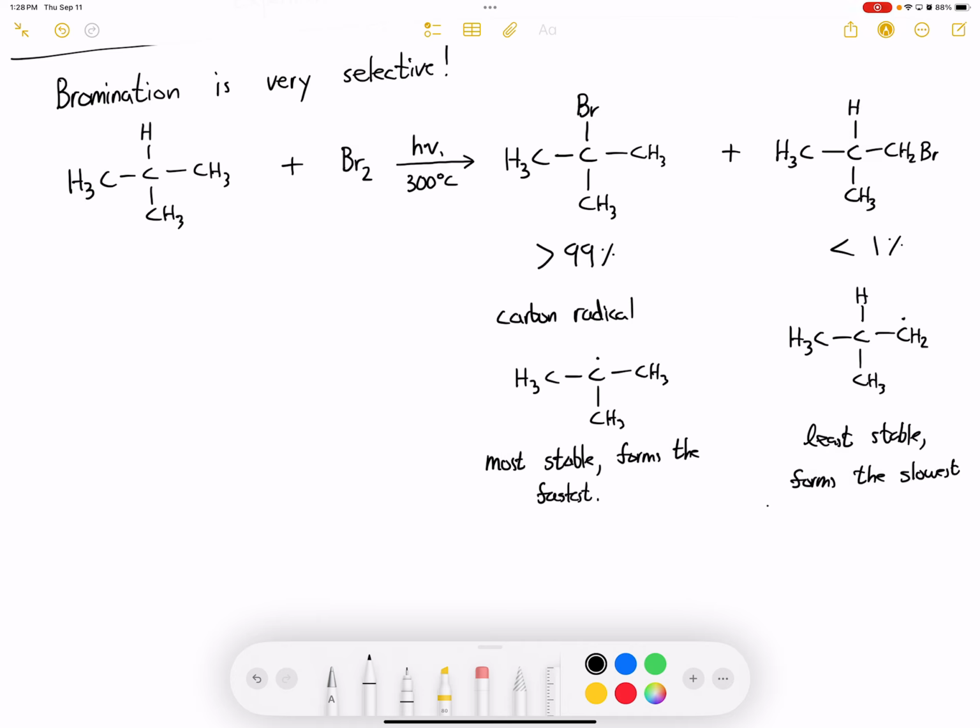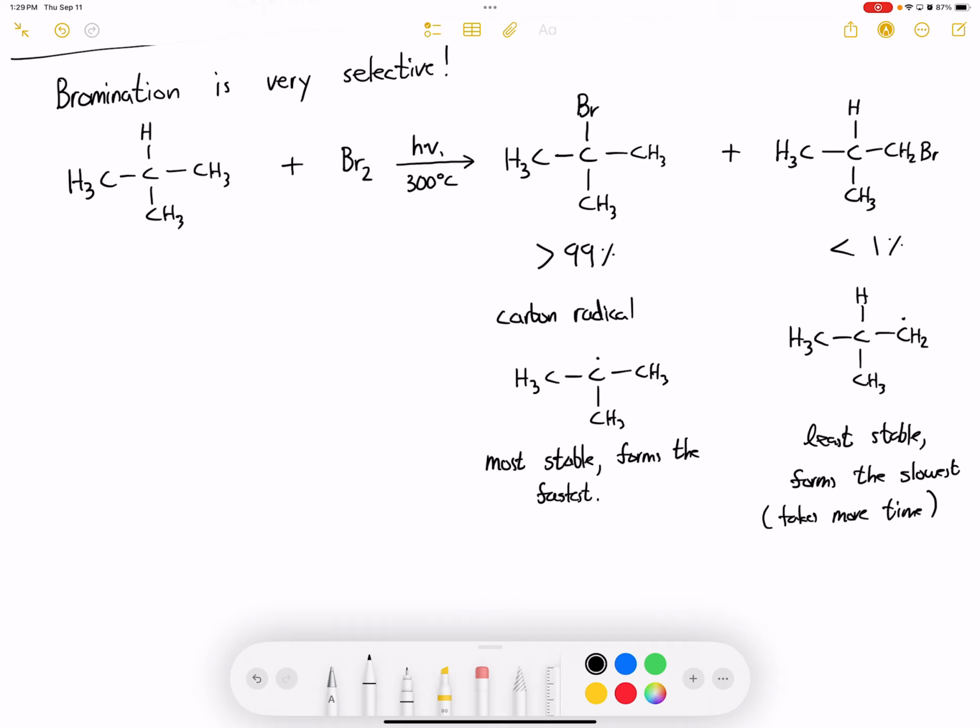So what this means, it takes a lot of time to form, takes more time. All right? So if it takes more time, right, you're not going to see that as often because the tertiary radical here is quickest to form. That's the radical bromine will see, and it will react with it right away. Okay?